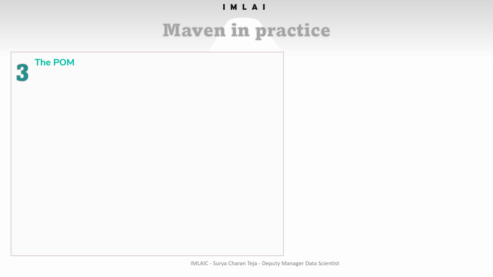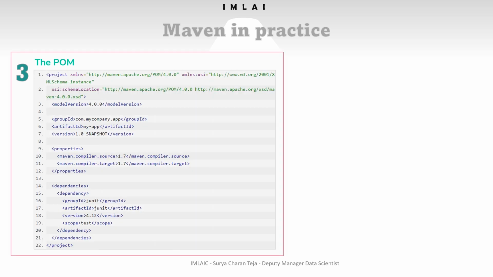The POM is huge and can be daunting in its complexity, but it is not necessary to understand all of the intricacies just to use it effectively. So the project's POM looks like this.